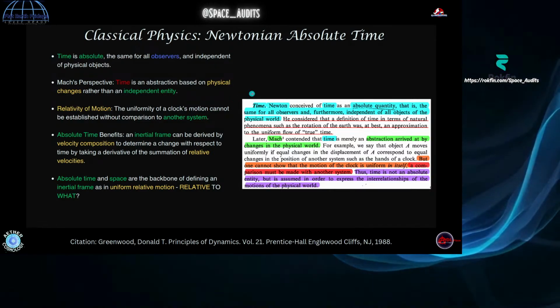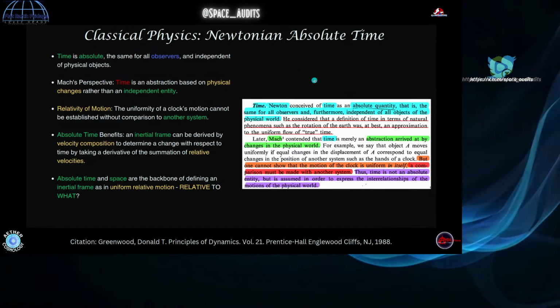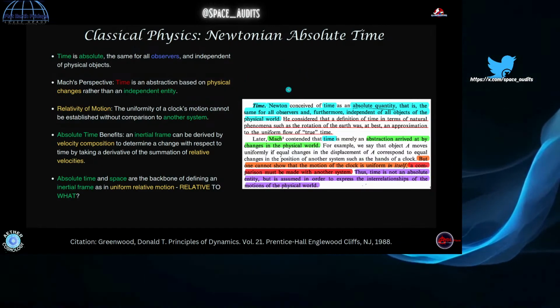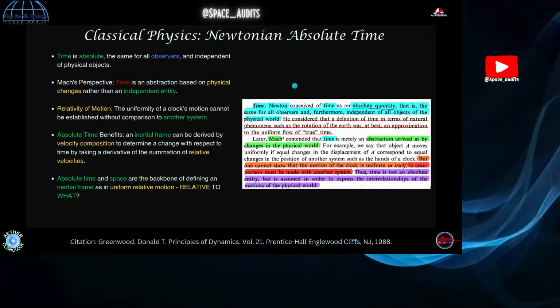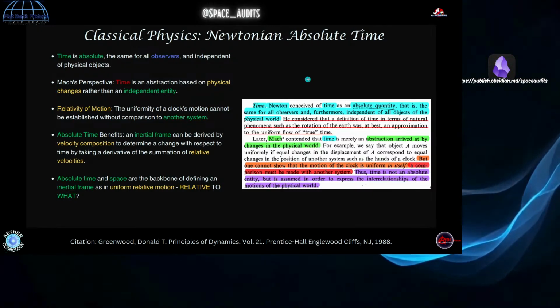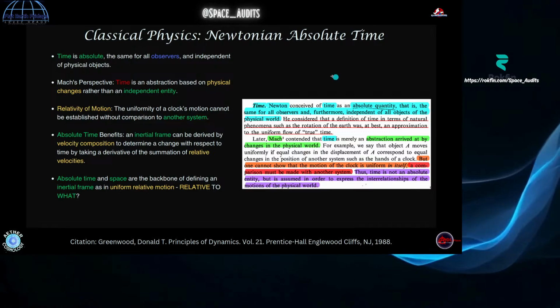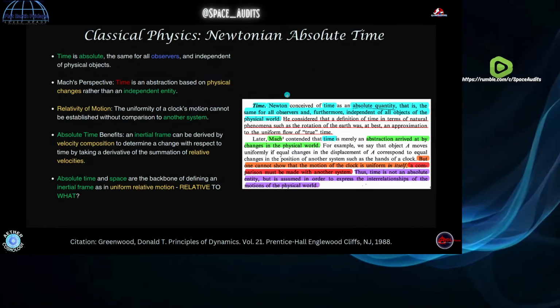So when you do a summation of their relative velocities, if there's no change in them, if you take a time derivative of that, you would determine that there's no change in time between them. So from that, you would determine that there's no inertial forces acting on them, and F equals ma would apply in that.